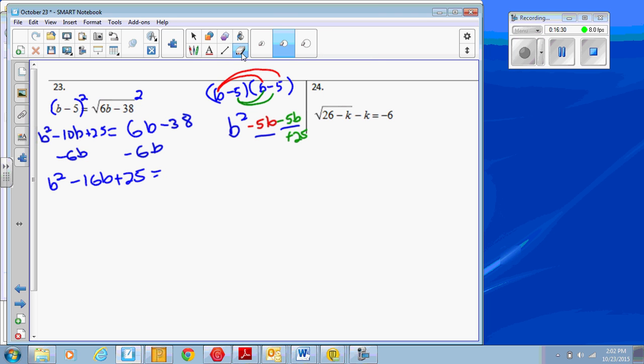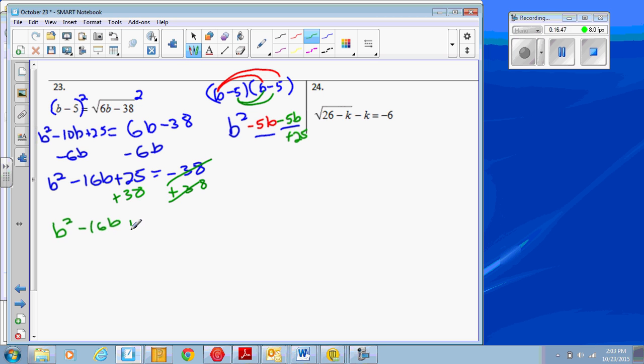It equals negative 38. The next step is to get rid of the negative 38, so I'm going to add 38 to both sides. These will cancel, and I'm going to have b squared minus 16b plus 63 equals 0.